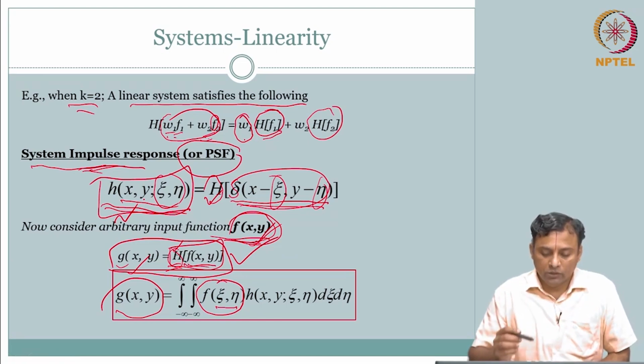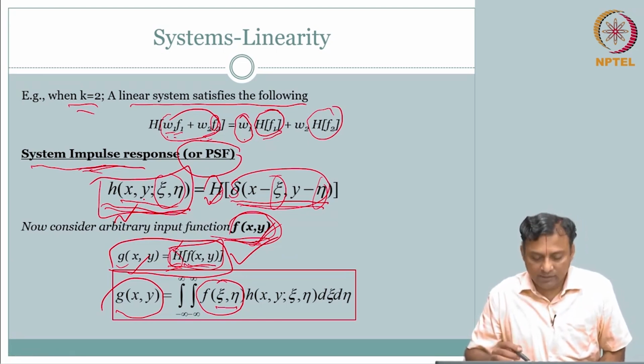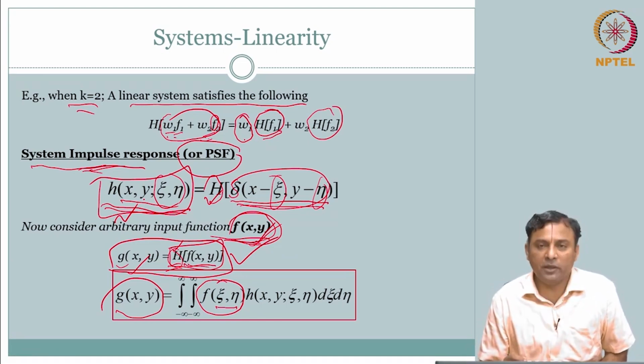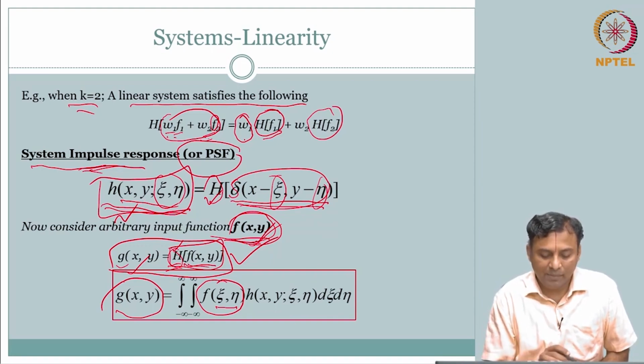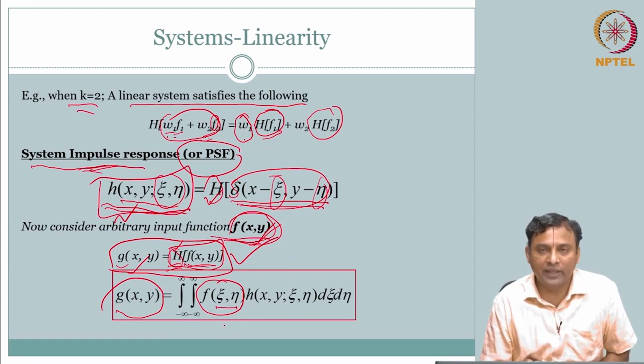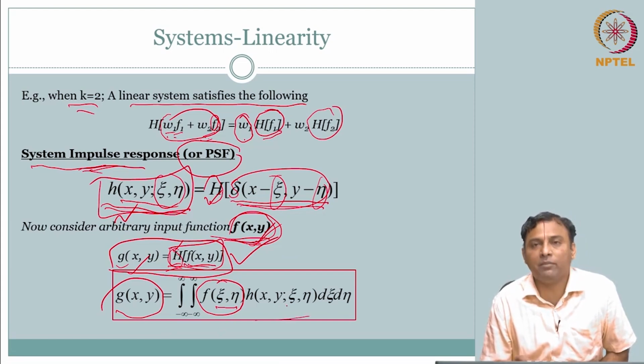Okay. So let us see. This is good but not so good. The good news is that now there seems to be a mathematical form to connect the input and output. In fact, any arbitrary f of x, y can be operated upon if I know my h of x comma y comma zeta comma eta.